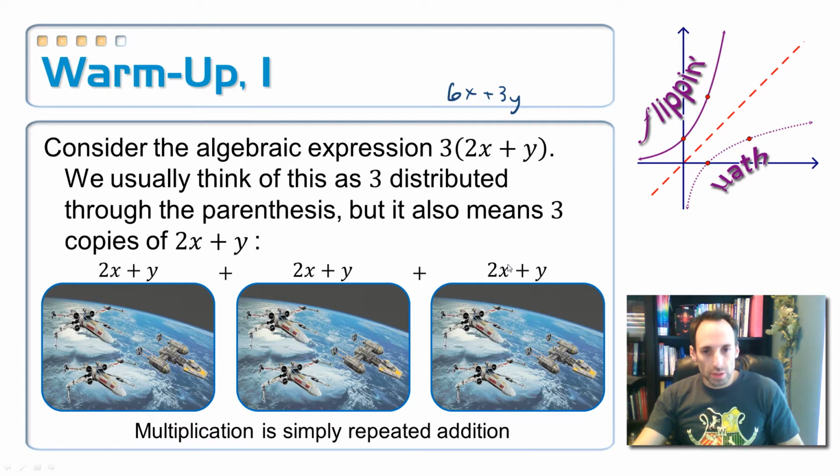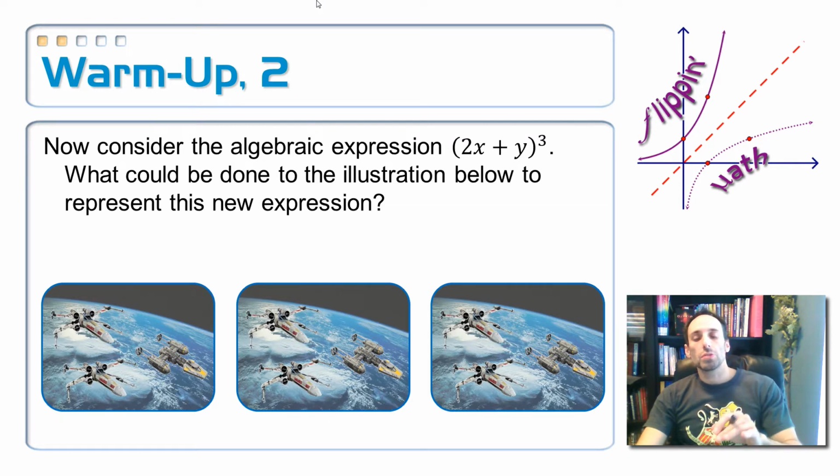This is basic algebra. So I should get the same answer if I just add these up: 2x plus the other 2x plus the other 2x gives me 6x, and y plus y plus y gives me the 3y. No problem.